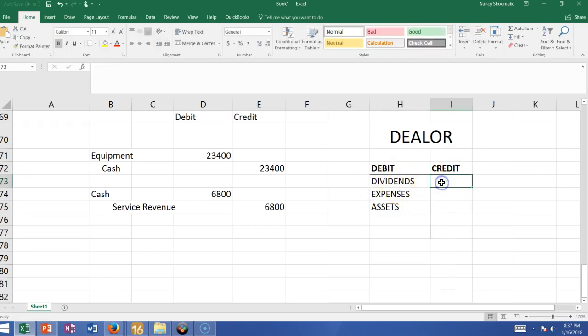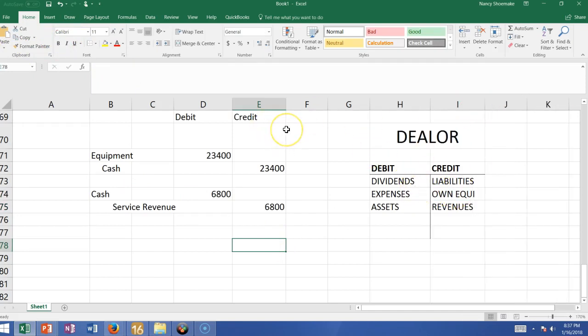And on the credit side, liabilities, owner's equity, and revenues have a normal credit balance. That's just helpful for you to remember. I like those kind of little games.